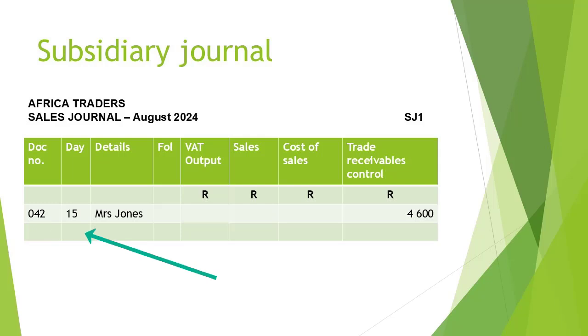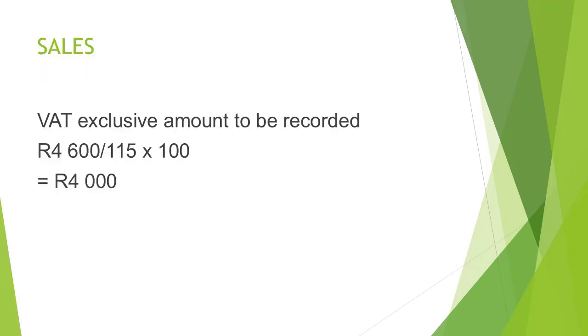The date of the transaction in the day column is entered as the 15th. The debtor details in the details column is Mrs. Jones, since the inventory was sold to her, and in the trade receivables control column, the amount of R4,600.